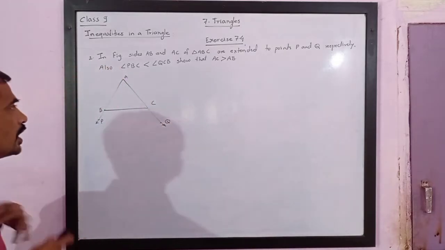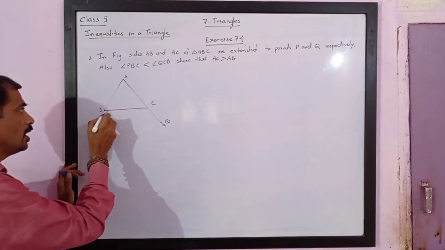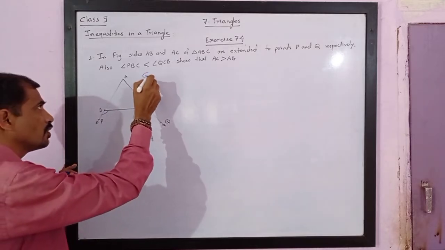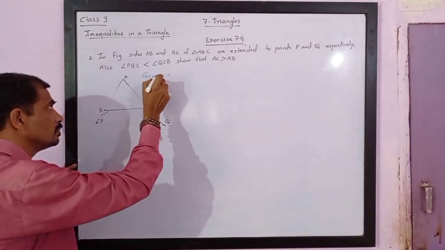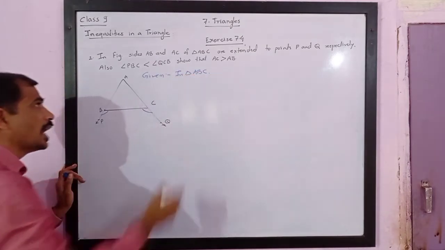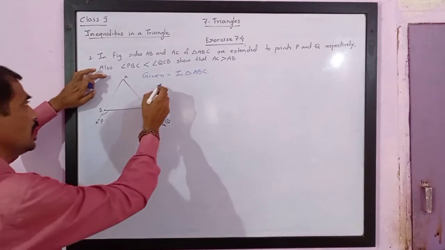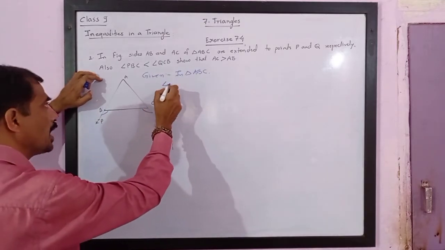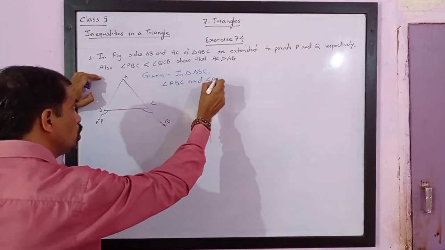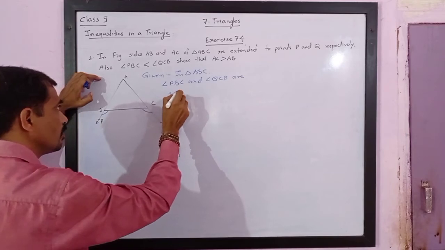Now, let us see how it can be proved. Let us write the given things first. In triangle ABC, we are given that angle PBC and angle QCB are exterior angles.